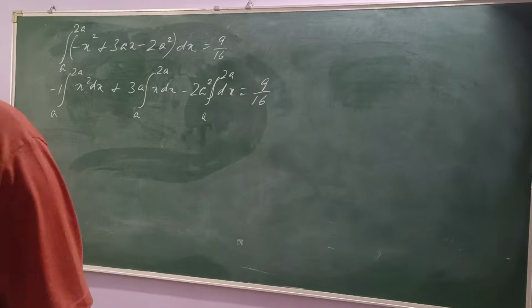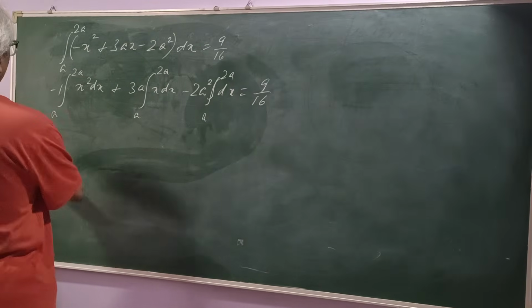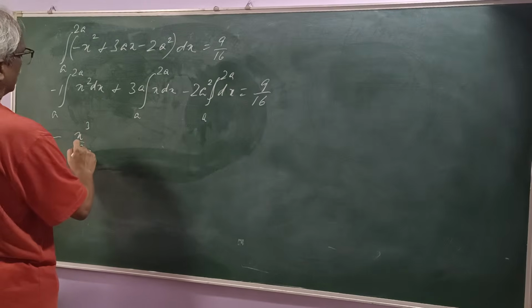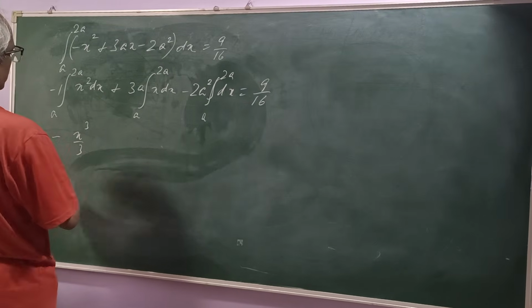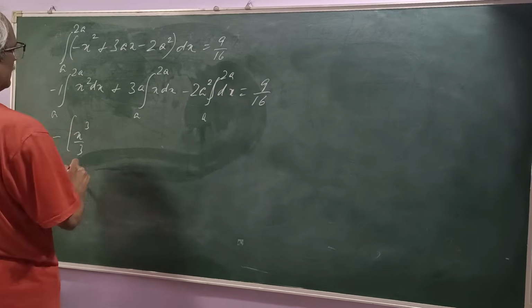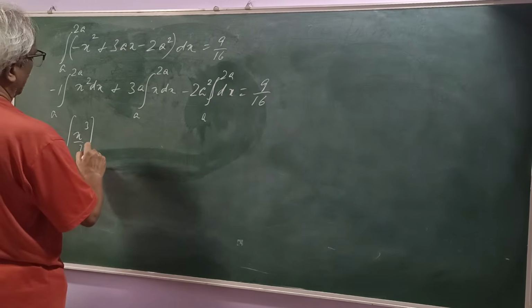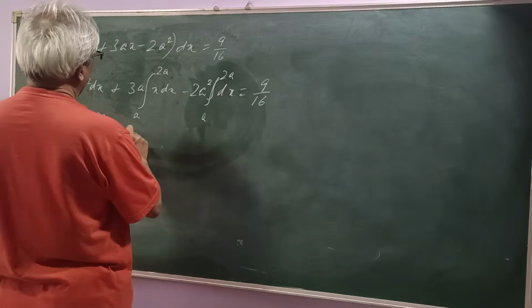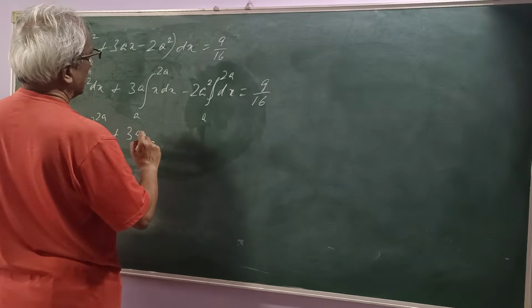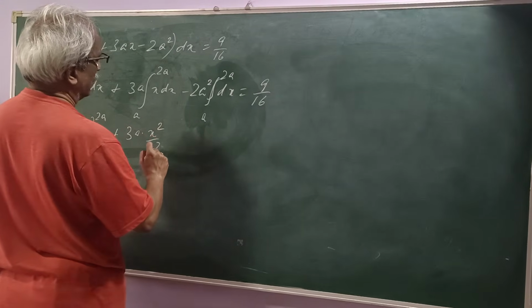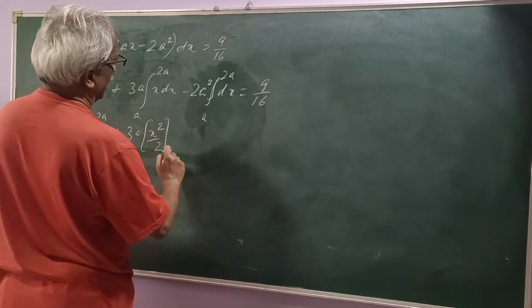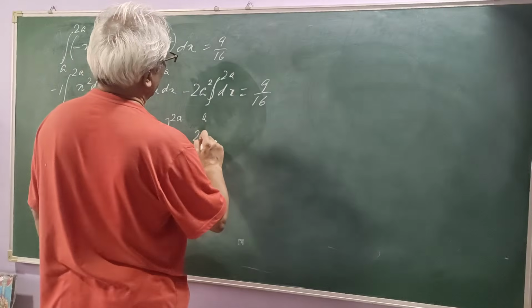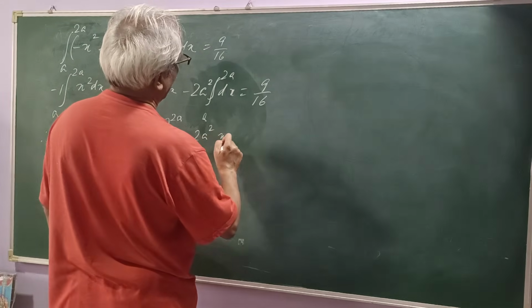So let me see what this is. Integral x square is x cube by 3, from a to 2a, plus 3a times x square by 2, limits a to 2a, minus 2a square x.